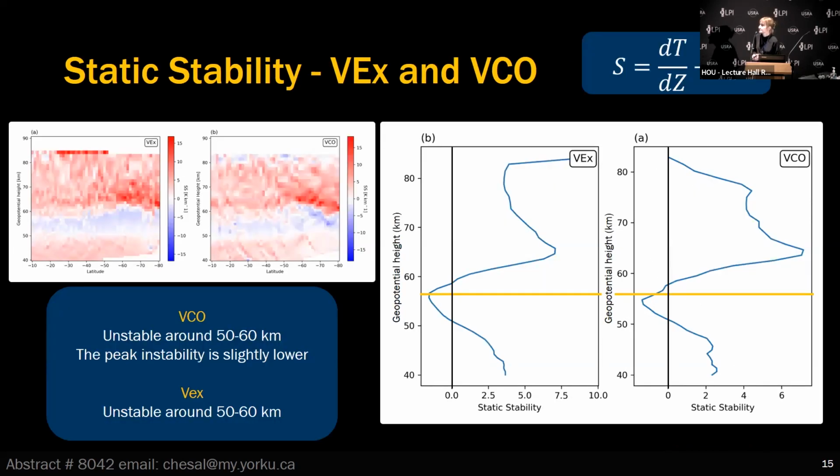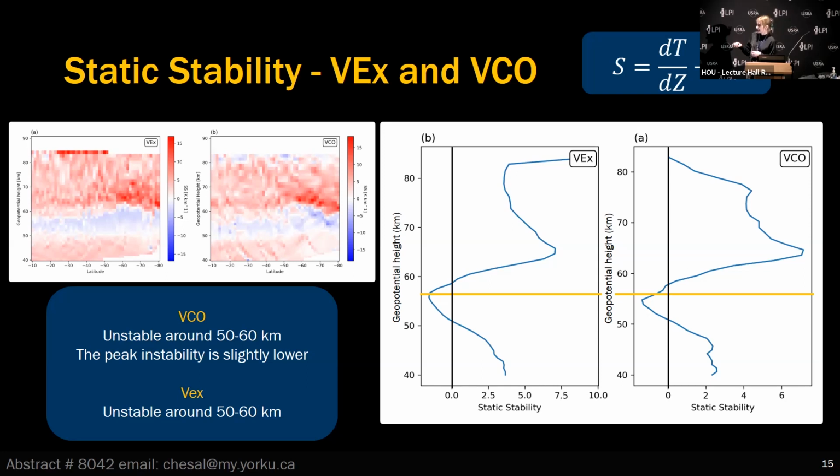We looked at the static stability, which is the difference between the dry adiabatic lapse rate and the environmental lapse rate. And there is a slightly convective layer around 50 to 60 kilometers. It's near neutral, and then there's high stability below this layer and above this layer.